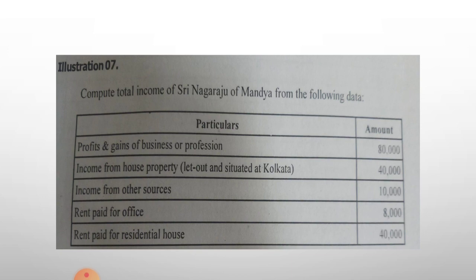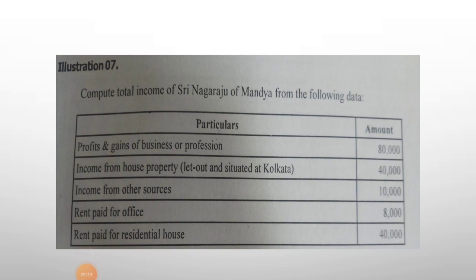Profits and gains of business or profession 80,000, income from house property let out and situated at Kolkata 40,000, income from other sources 10,000, rent paid for office 8,000, rent paid for residential house 40,000.